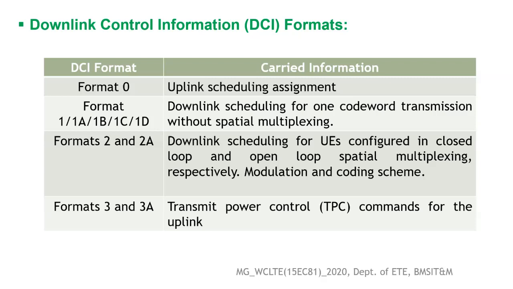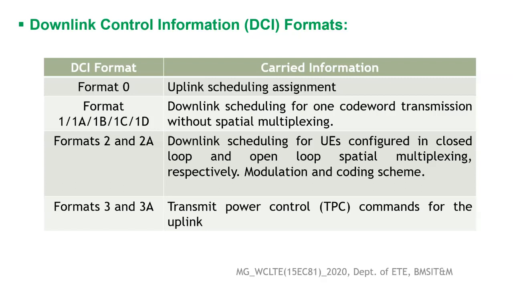And format 2 and 2A also carry downlink scheduling for user equipments configured in closed loop and open loop spatial multiplexing. Format 2 carries downlink scheduling for user equipments configured in closed loop spatial multiplexing, and format 2A carries downlink scheduling for user equipments configured in open loop spatial multiplexing.